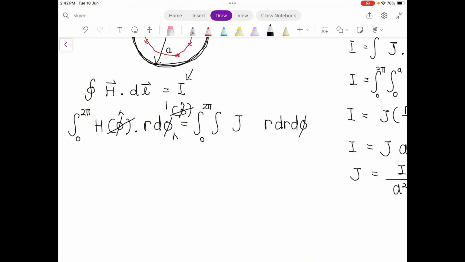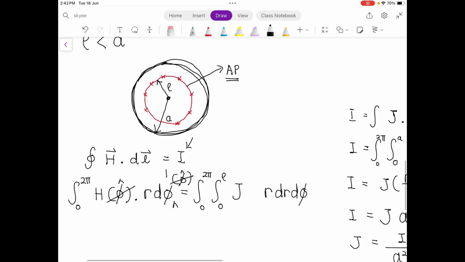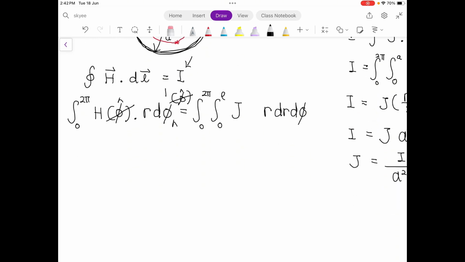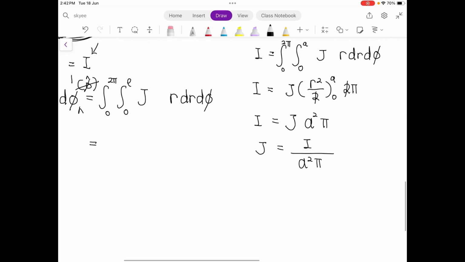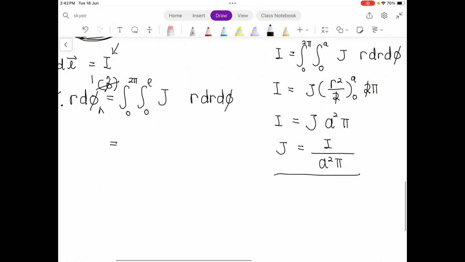The r goes from 0 to rho, where rho is the position at which we want to find the magnetic field. We take J from here, so we have 0 to 2 pi, 0 to rho, I over A squared pi, r dr dphi.